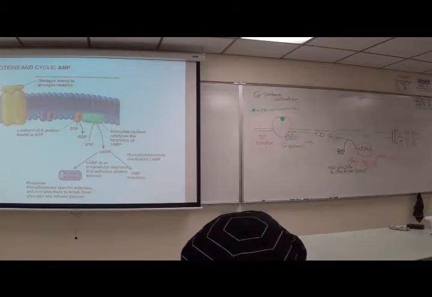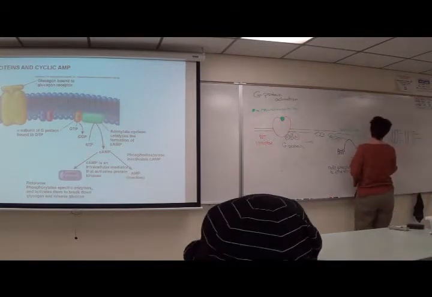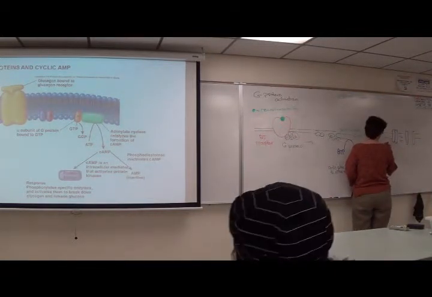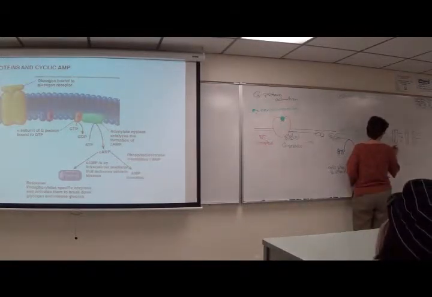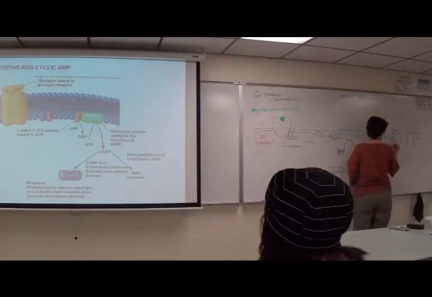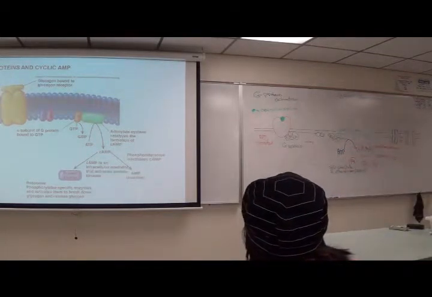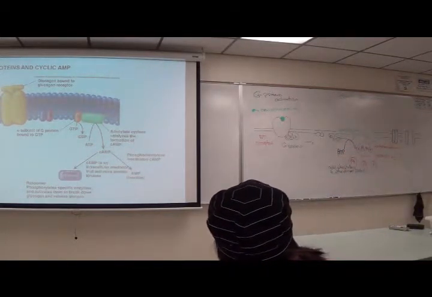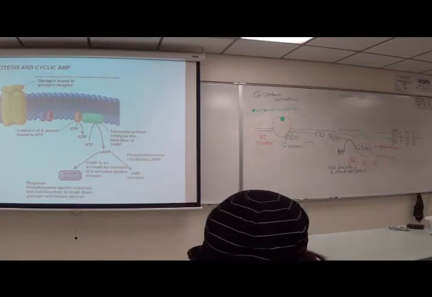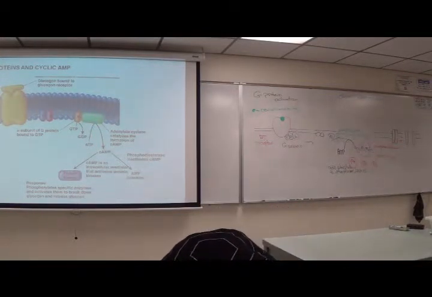The enzyme that does that is known as phosphodiesterase. And it results in inactivating cyclic AMP. The reason I mention this here is we're going to talk about it next week when we talk about how the retina of the eye works. We're going to use this pathway.